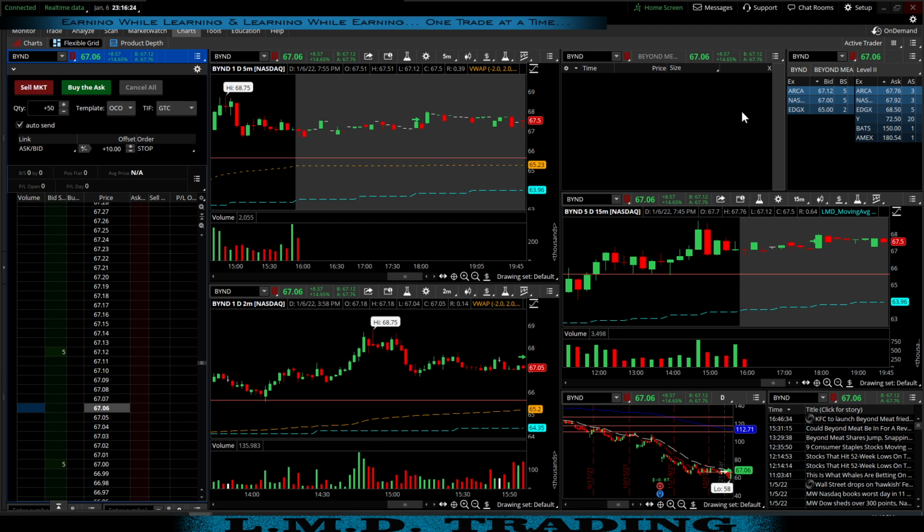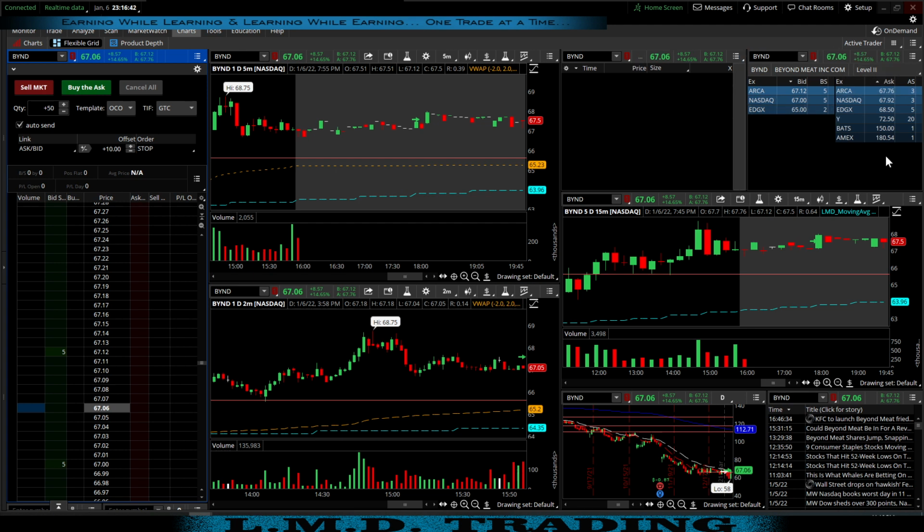Right here is the time and sales. With the market closed, you're not really seeing anything going on with it, but if the market was open, this would be showing orders on the time and sales. We have level 2 right here, so we can see what the level 2 is doing.